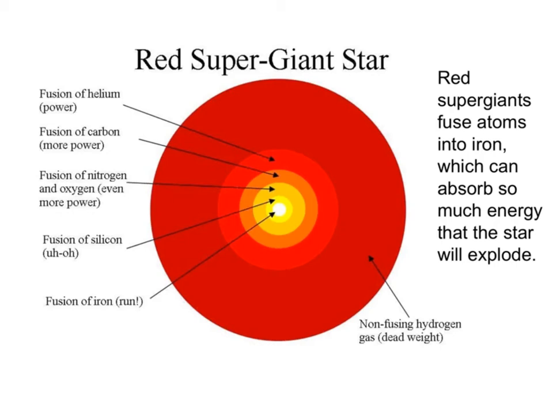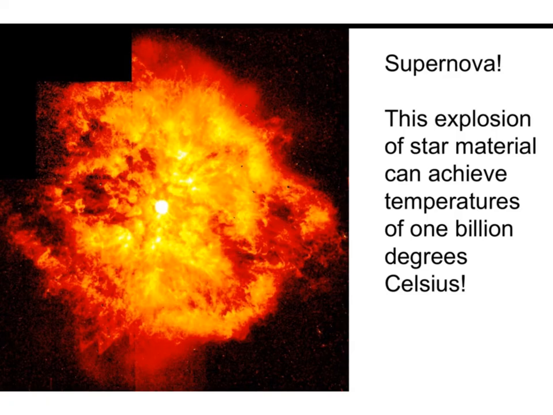When it gets to the point of producing iron, that's a problem, because at that point that star is in trouble. It has absorbed so much energy that the star just cannot stay together anymore, and it blows itself apart. When a giant star blows itself apart, we have what we call a supernova.